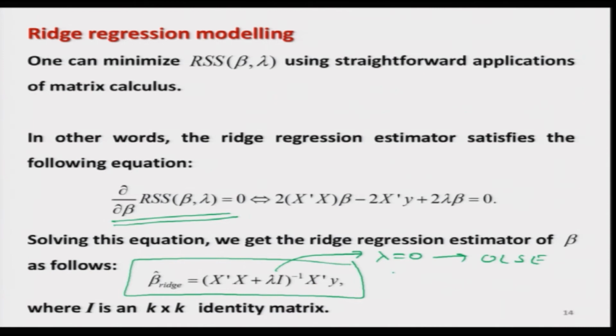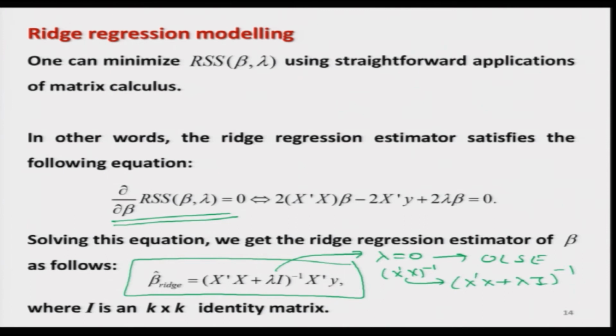Since there were a lot of independent variables, possibly they were becoming correlated, and because of which you were unable to find (x transpose x) inverse, and this was creating trouble in finding the estimator as well as the standard errors. So, I am trying to add something on the diagonals of this matrix, and then find the inverse.